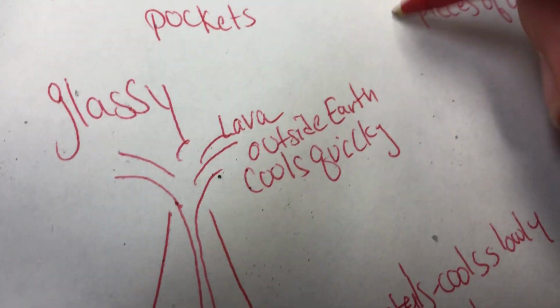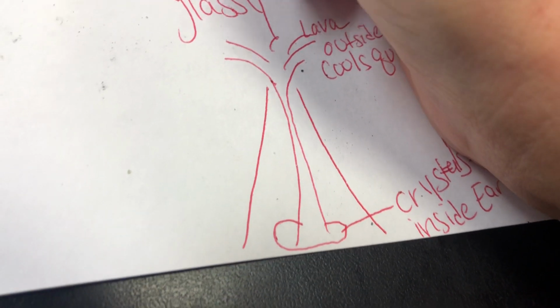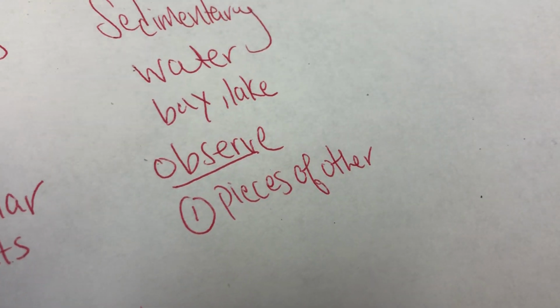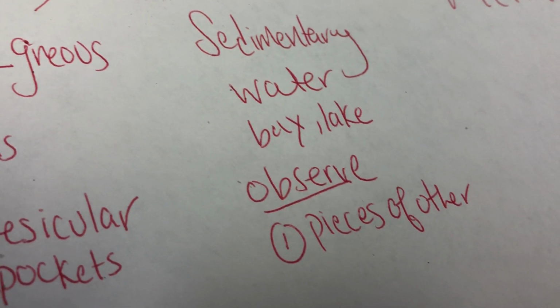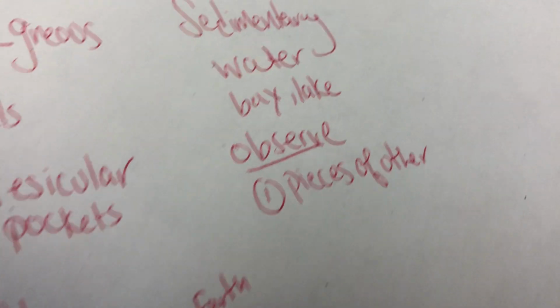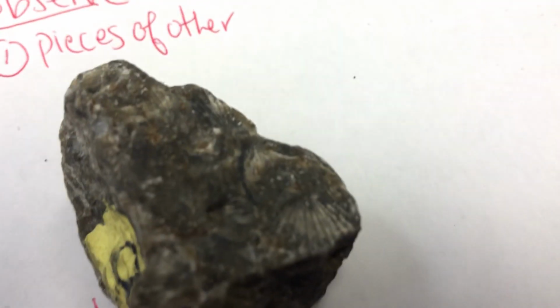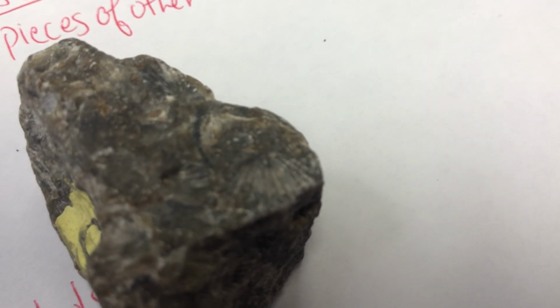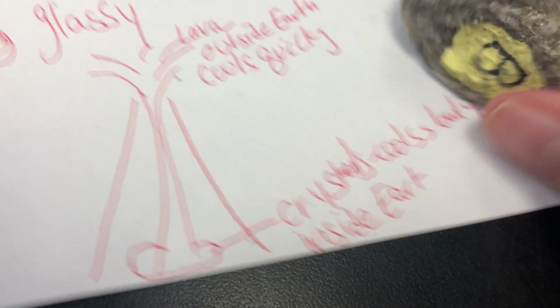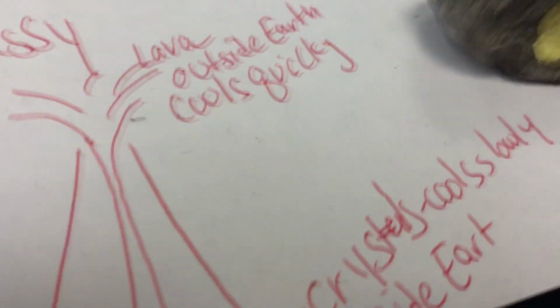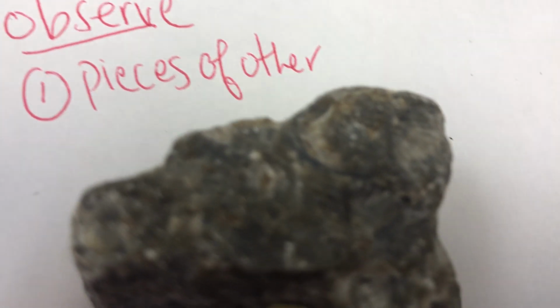That's one thing you may observe. Another thing you may observe in sedimentary rocks is fossils. Now, we always think about fossils as dinosaurs, but there are other living things besides dinosaurs.